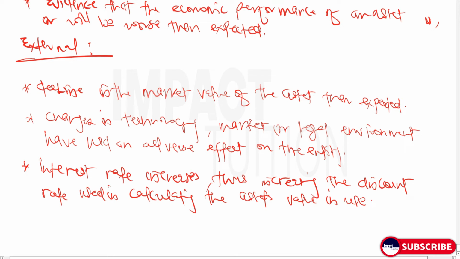So these are the external indicators of impairment.